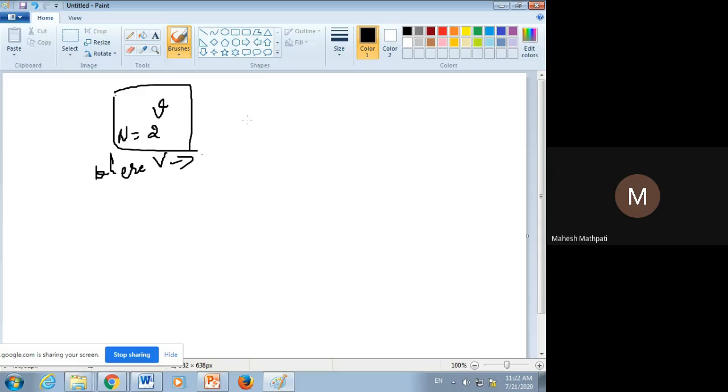Now suppose we have N equals 8. Then 8 equals 2 to the power v, right? So simply we will write v equals log to the base 2 of N, or log to the base 2 of 8.